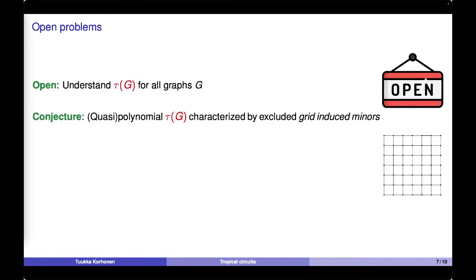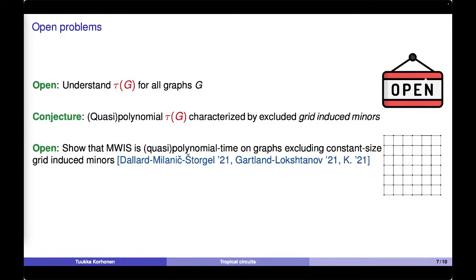It's an induced-subgraph-flavored minor. This conjecture is very much open. We have the lower bound side, but we don't have the upper bound, so we don't actually know if maximum weight independent set is solvable efficiently on graphs not containing these grid induced minors.